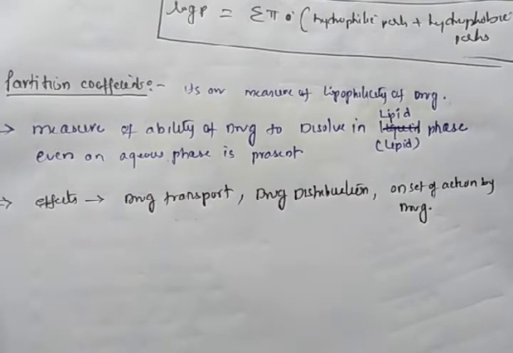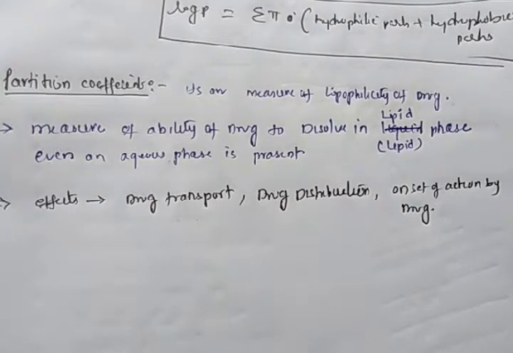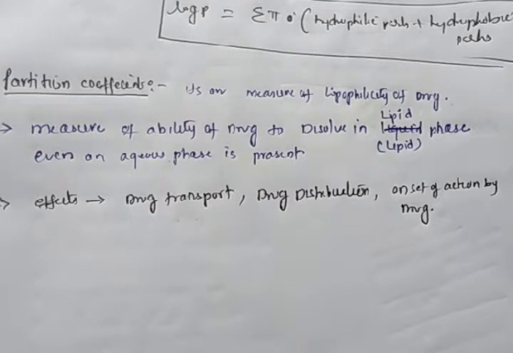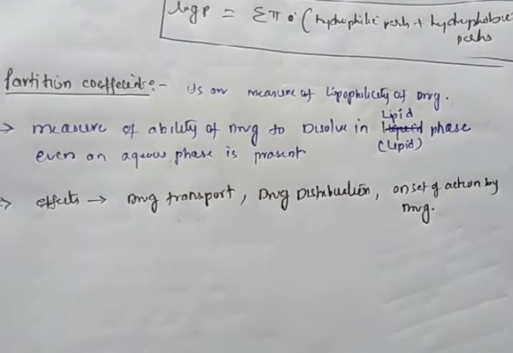So the various parameters like drug transport, drug distribution, and onset of action of a drug majorly depend upon the partition coefficient value of the drug molecule.